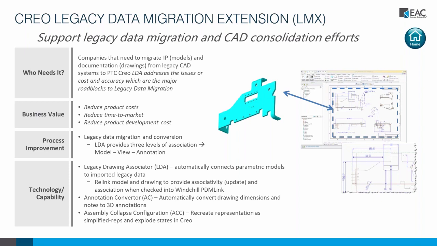So what this particular module does is it takes that model, whether it be STEP or IGES or whatever format, and it merges it up into the drawing, which is basically a dumb drawing, right? DXF, DWG, and it places the views of the solid model into the drawing, lines them up, replaces the drawing views and the dumb geometry with the solid, and then also will map dimensions on.